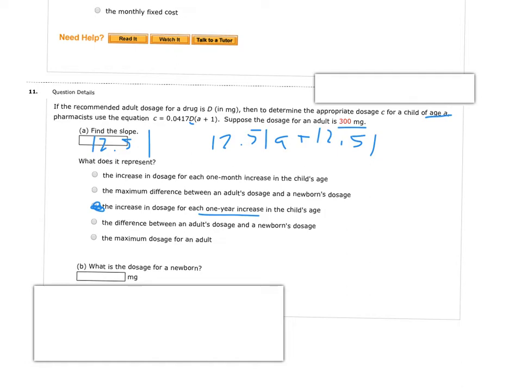So that means after 1 year, it's going to be 12.51 more than it was in the previous year. And then the dosage for a newborn would be a equals 0, because when you're a newborn, you're actually 0 years old. You haven't lived at all. So we would plug in 0 there for a, and that would also give us 12.51.